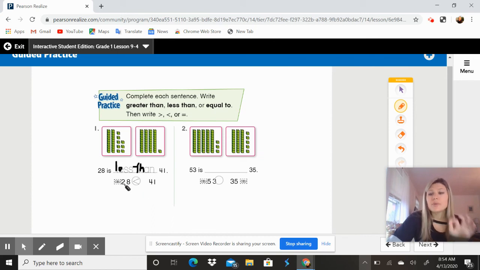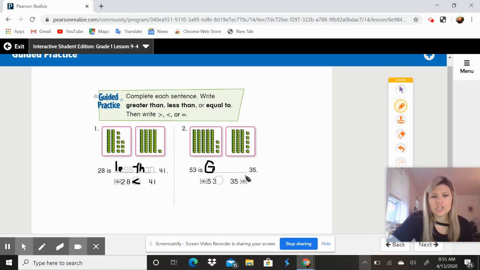And then you have to put the sign. So remember, the mouth is open to the sign it wants to eat, okay? So it wants to eat 41. 28 is less than 41. Number 2. We have 53 is blank to 35. 53 is greater than, less than, or equal to. 53 is greater.